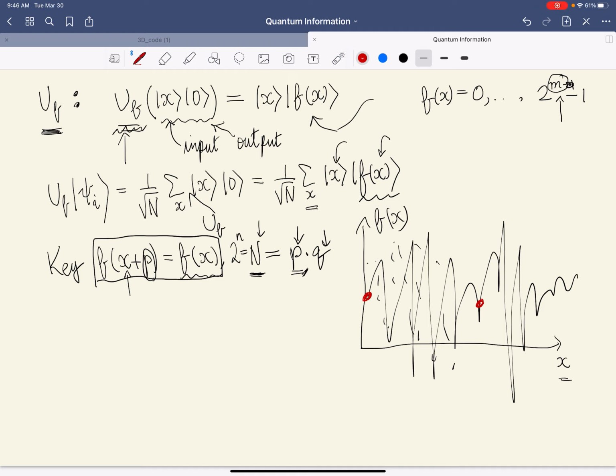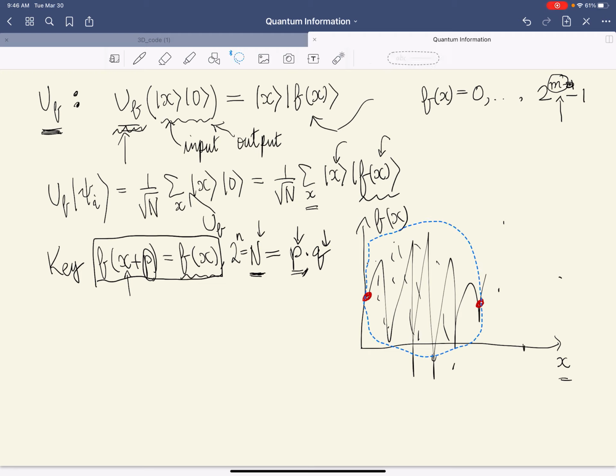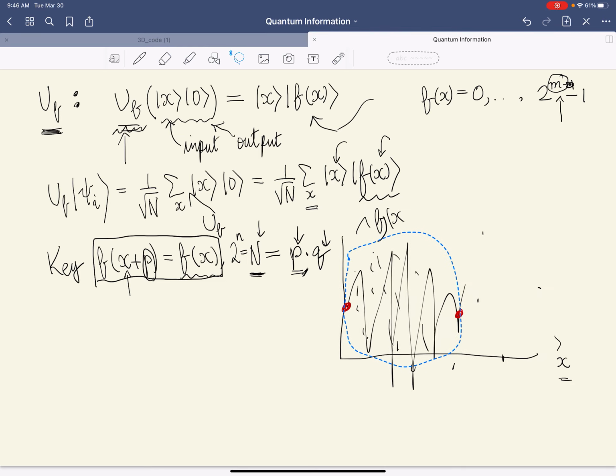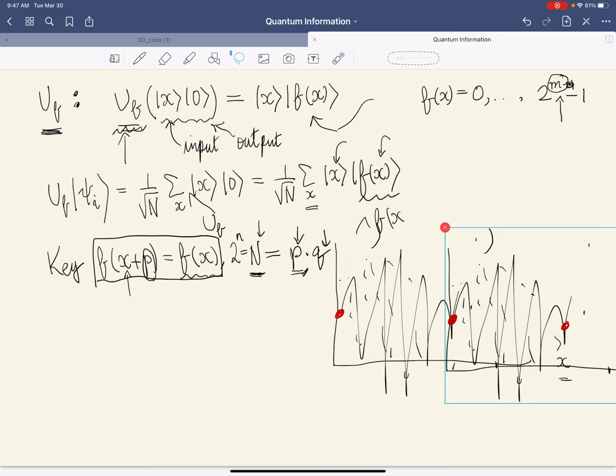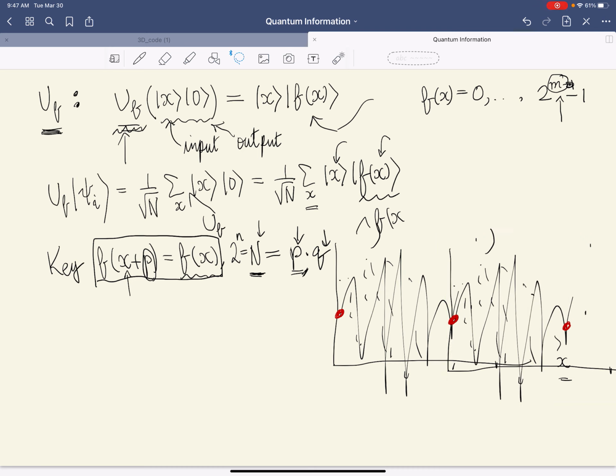So what that means is that after this much period, copy, paste, this function actually repeats itself. But just by looking at the graph, it's not obvious that the function repeats itself.